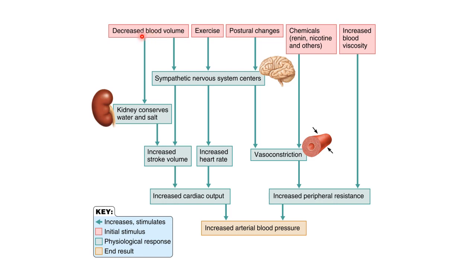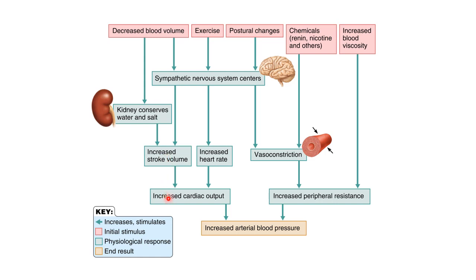Anong gagawin ng katawan? The kidneys will then retain the water and the salt so that the blood volume increases. As the blood volume increases again, the stroke volume or the amount of blood pumped by the heart with each beat goes up.